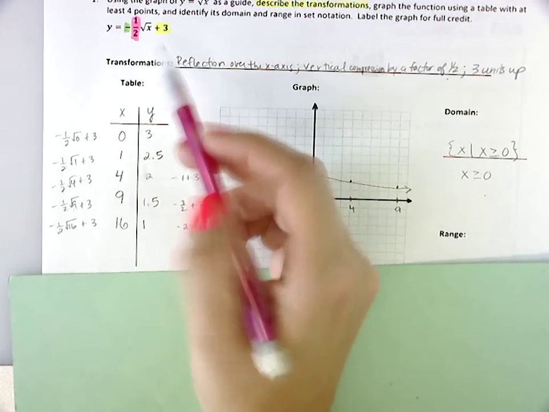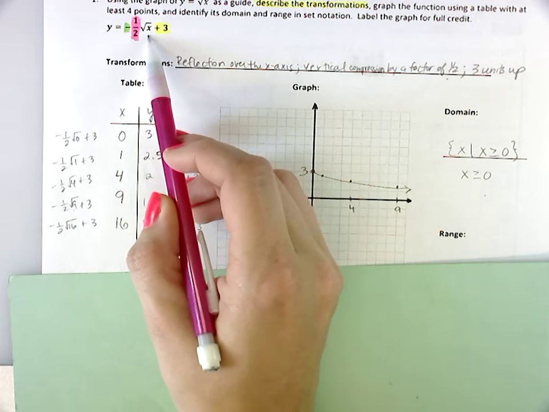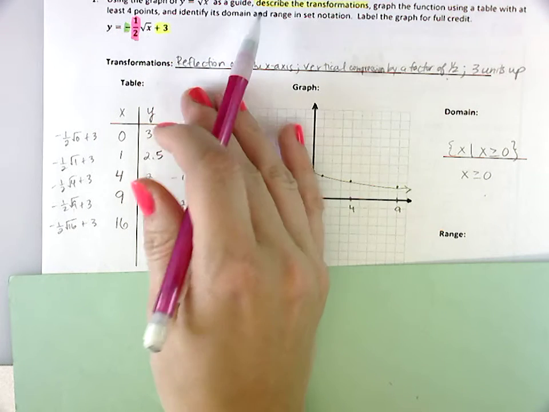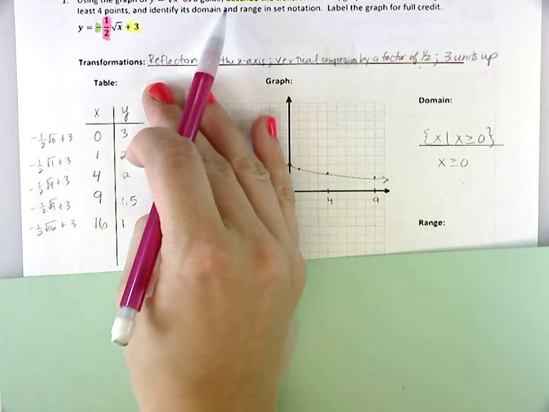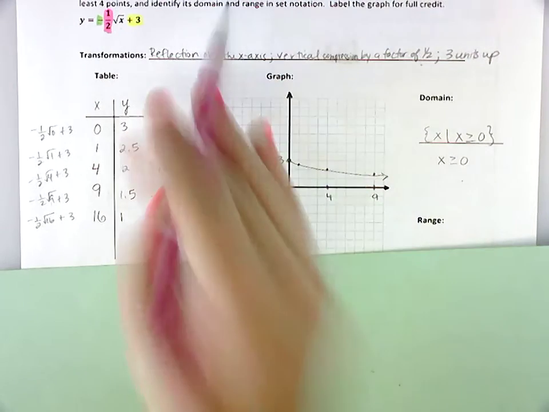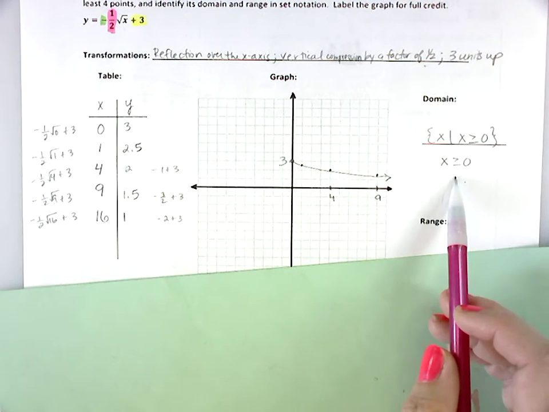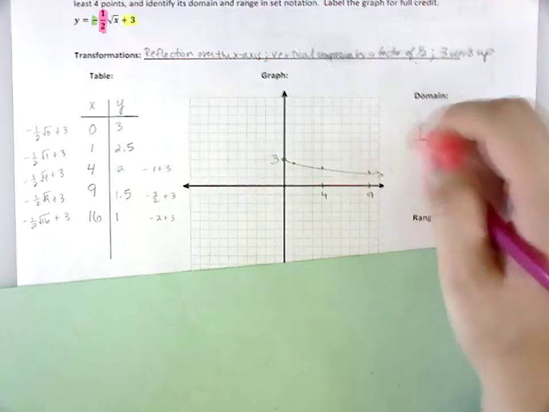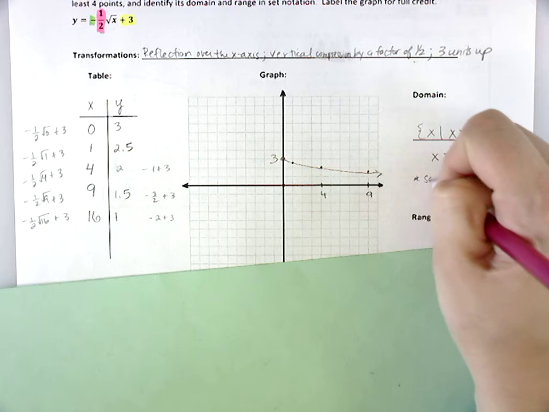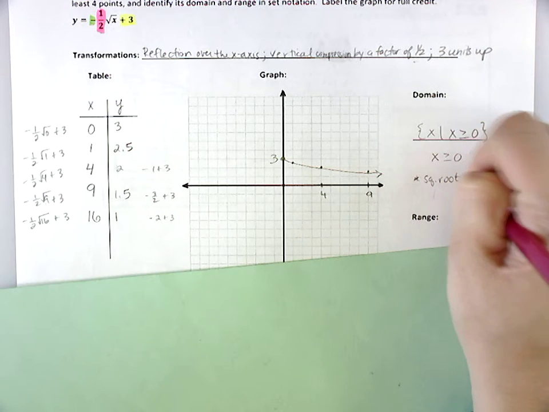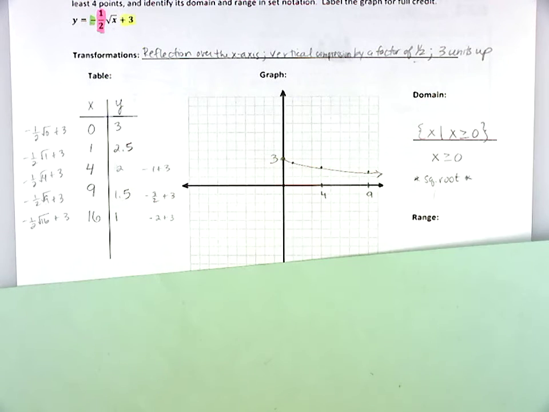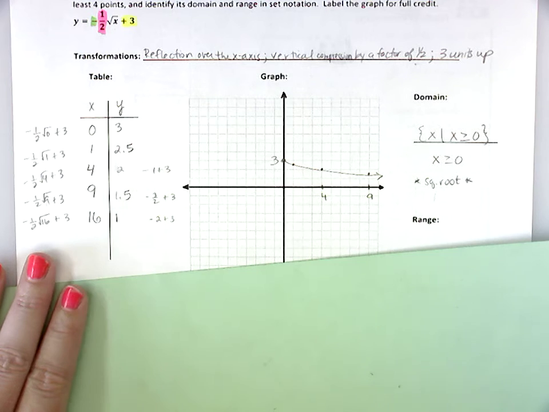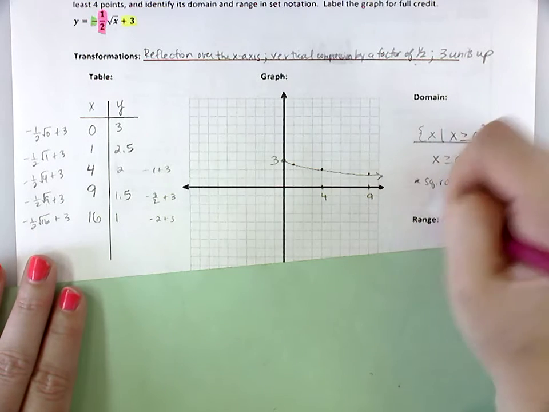Okay, and then your domain, because this is a square root, you cannot take the square root of a negative, so you're going to set the radicand greater than or equal to 0. And you're always going to do that for the square root. And this was nice because there were no other numbers.